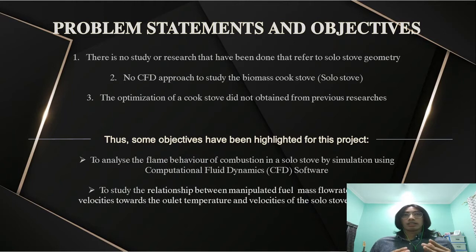By using the software, we can study how the flame behaves in this stove, as it provides two separate air inlets. This study also has the objective of studying the relationship between the manipulated fuel mass flow rate and inlet velocities towards the outlet temperature and velocities of the solar stove combustion.